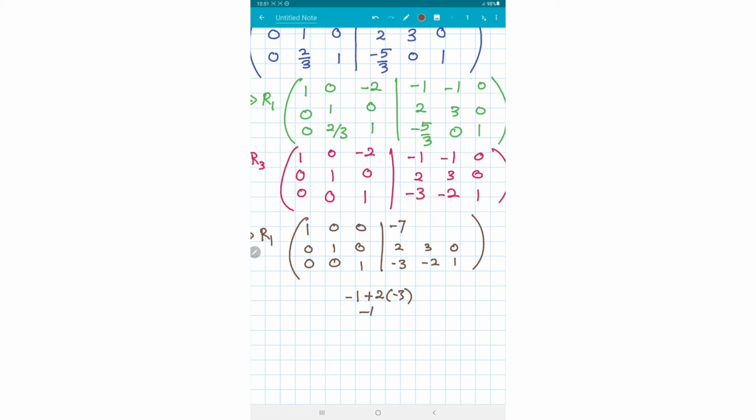So negative 1 minus 6 is equal to negative 7. So this one is correct. I should delete here. We have to jot down on another paper in order to calculate. This one is negative 7, negative 5, and 2.